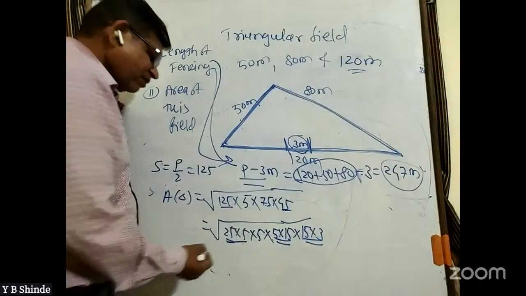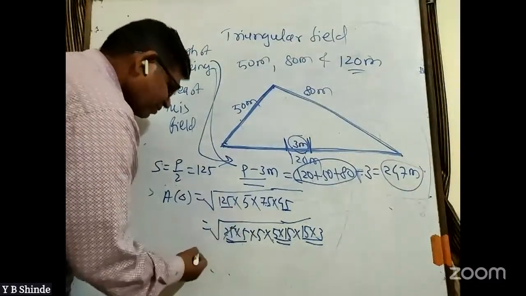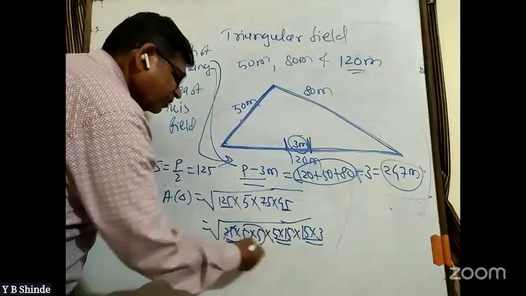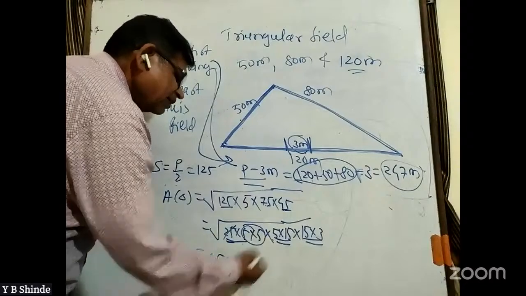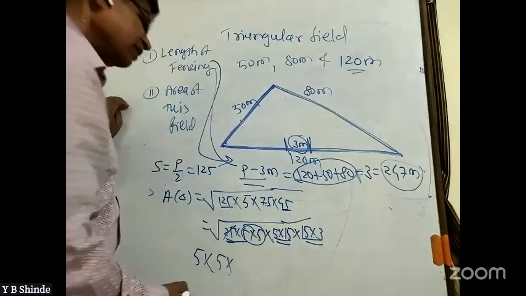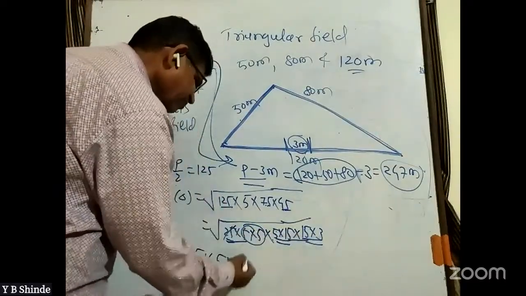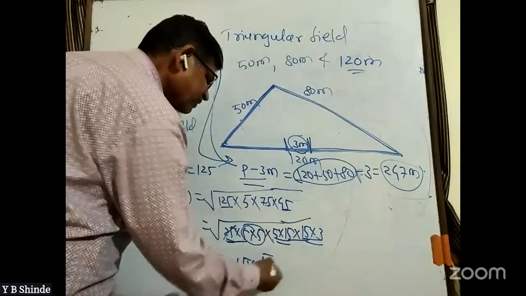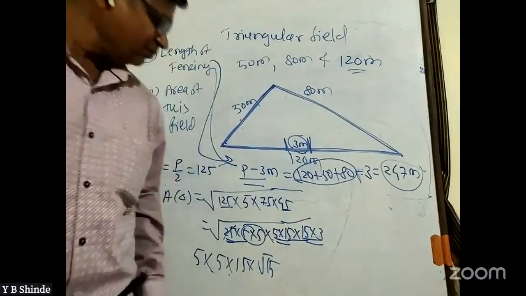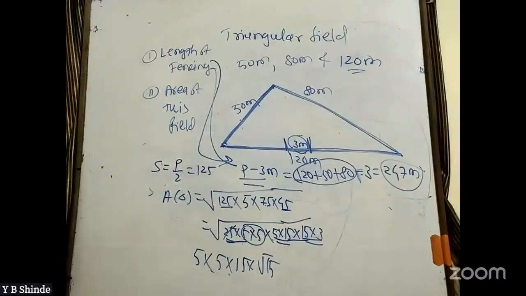Because of 25 we get 5, because of this 5, and because of this 15, it will be 15 root 15. Find the multiplication and find the answer.